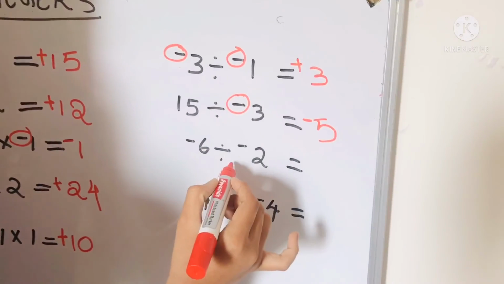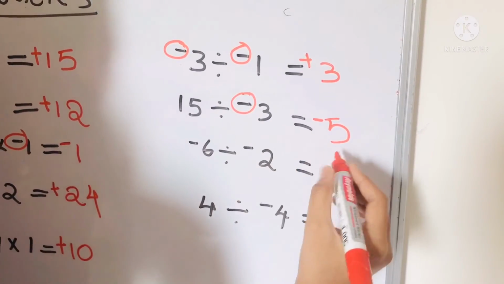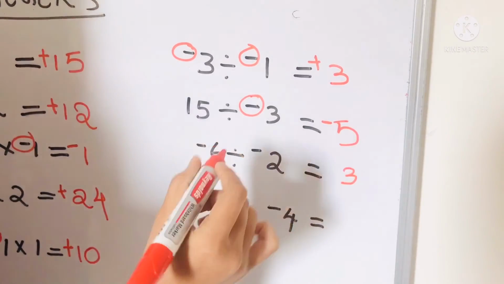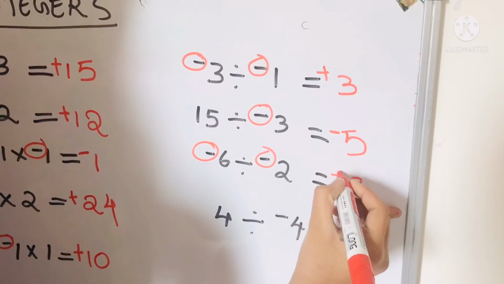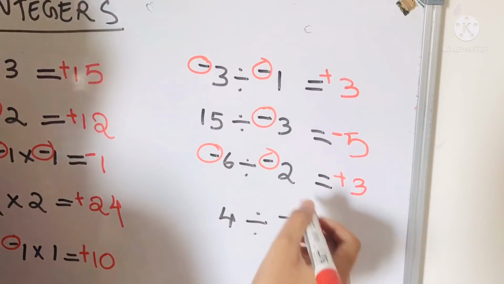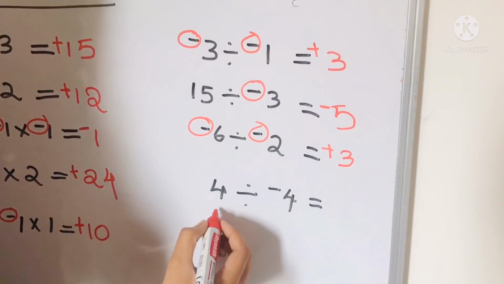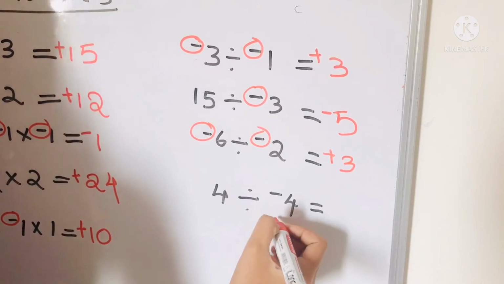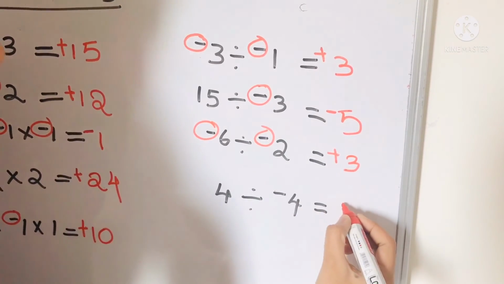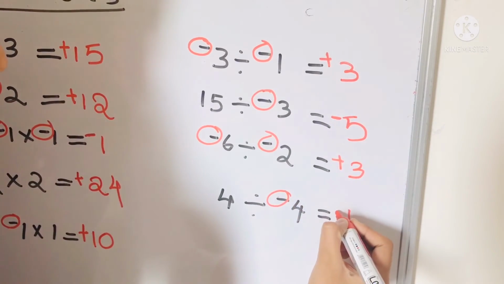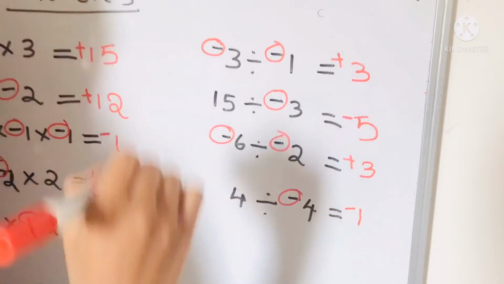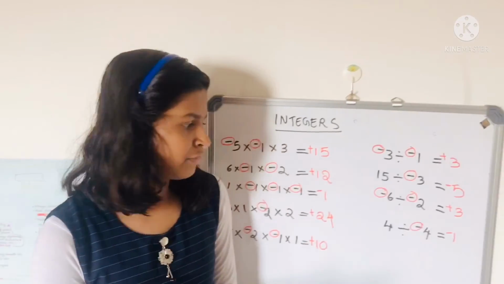Minus 6 divided by minus 2: 6 divided by 2 is 3, and the number of negatives is 1, 2, which is even, so we get the answer as plus 3. 4 divided by minus 4: 4 divided by 4 is 1, and the number of negatives is 1, which is odd, so we put minus there, and we get the answer minus 1.